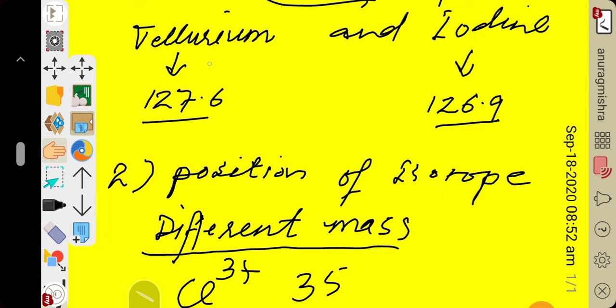Tellurium and iodine. Mass of tellurium is 127.6 and iodine is 126.9. The mass of iodine is less compared to the mass of tellurium, so iodine must have an early position compared to tellurium, but it was not like that. Tellurium was placed first and later on iodine, so it was also a drawback of Mendeleev's periodic table.